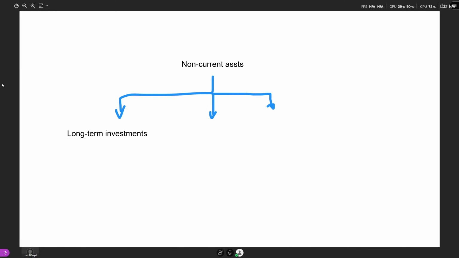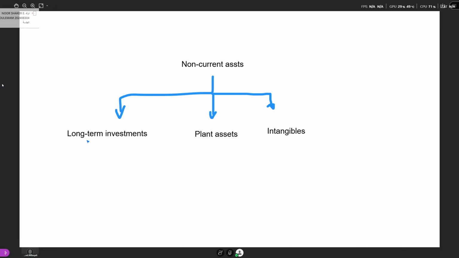Long-term investments, plant assets, and finally intangibles. Long-term investments.